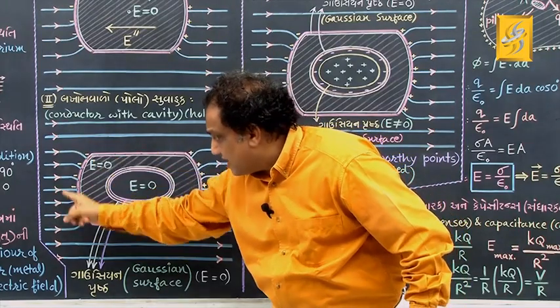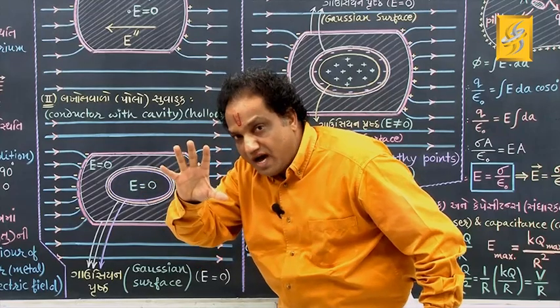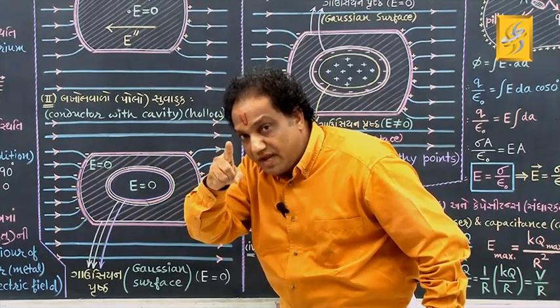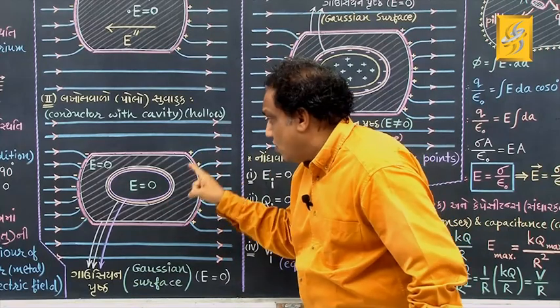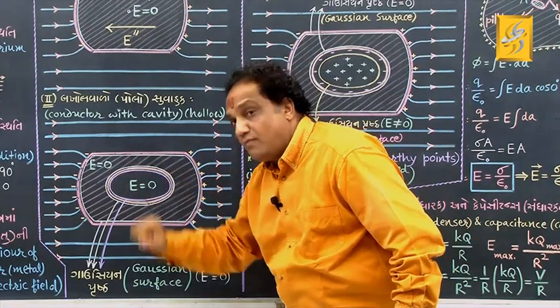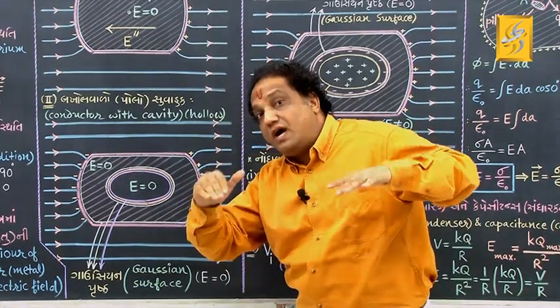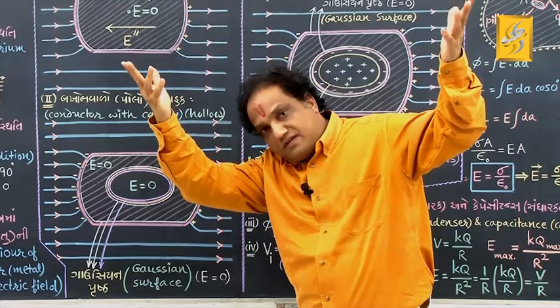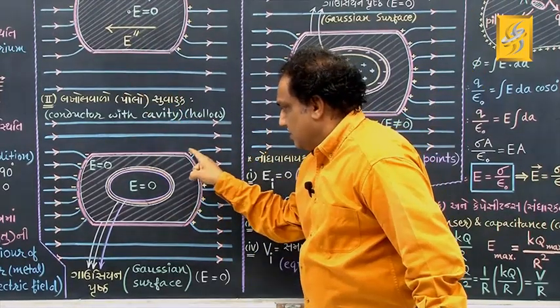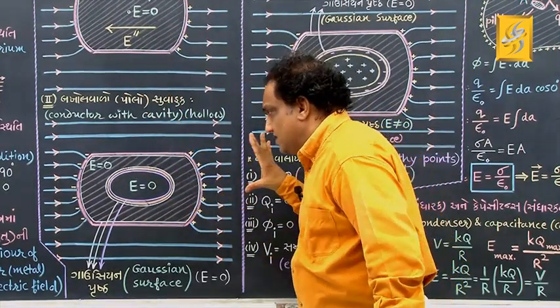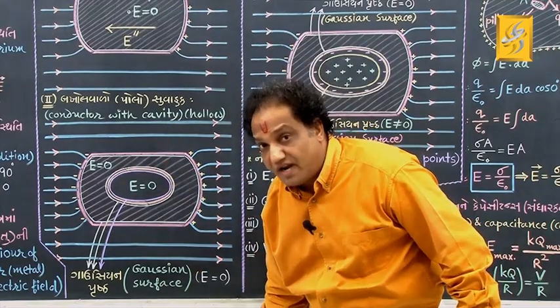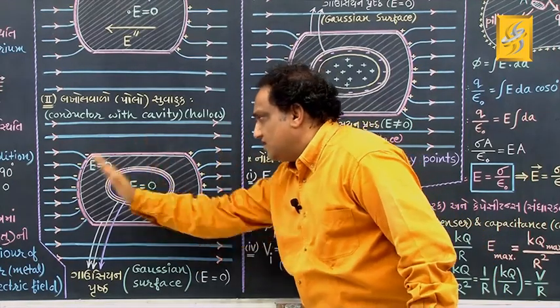That field will cause displacements of free electrons on the surface of the body, that is on the outermost layer. So on the surface there will be instantaneous displacements of free electrons, say from this side to this side.